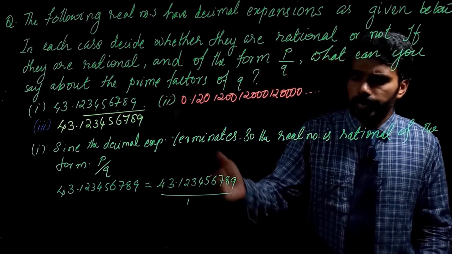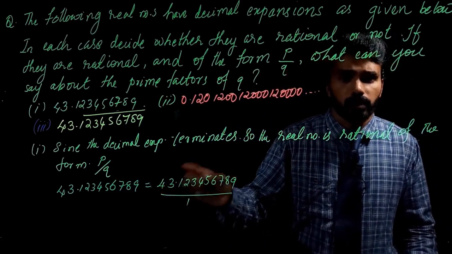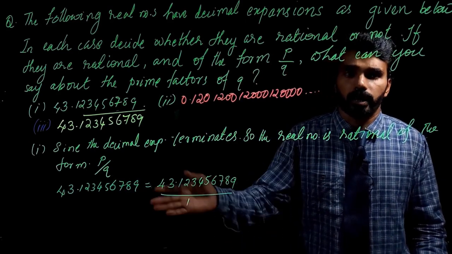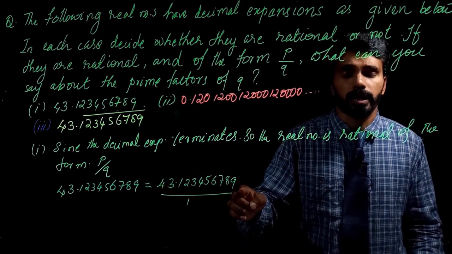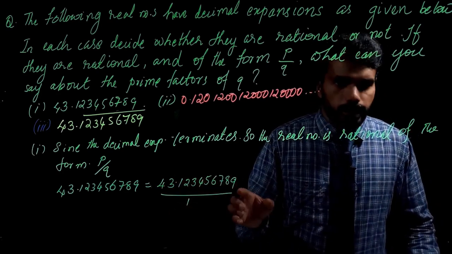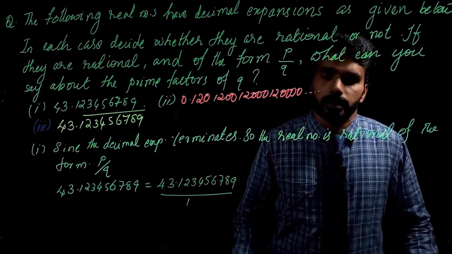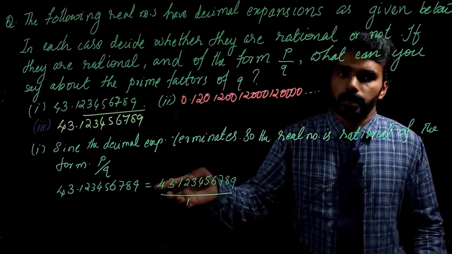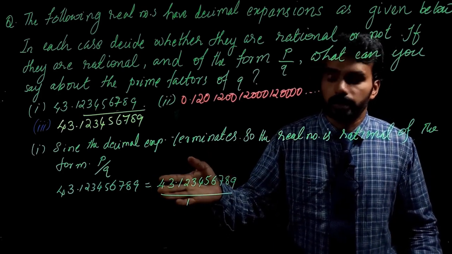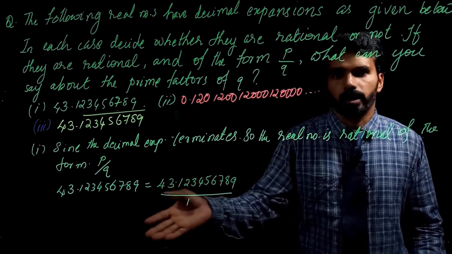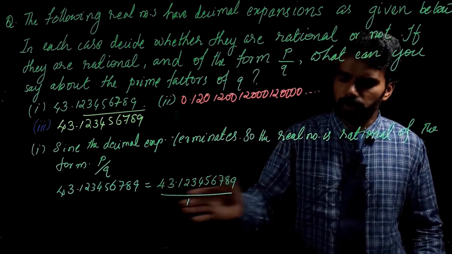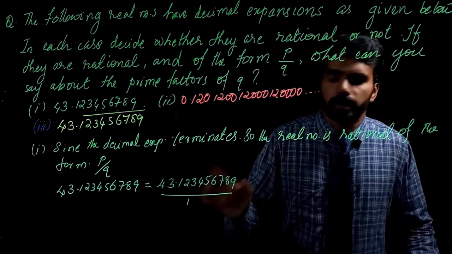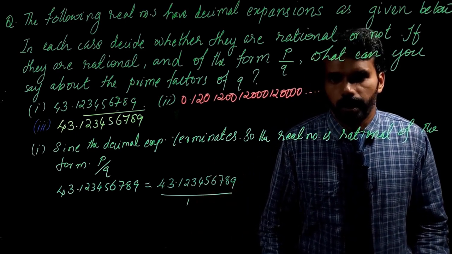Now next step, if there is one decimal place, then we multiply the numerator by 10 and divide by 10. If there are two decimal places, then we multiply the numerator by 100 and the denominator also by 100, and so on.